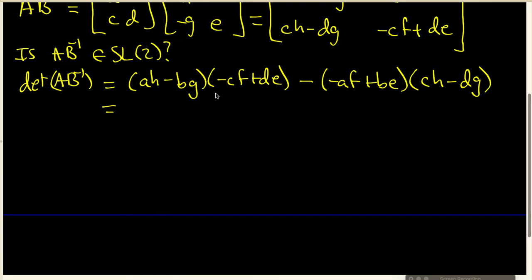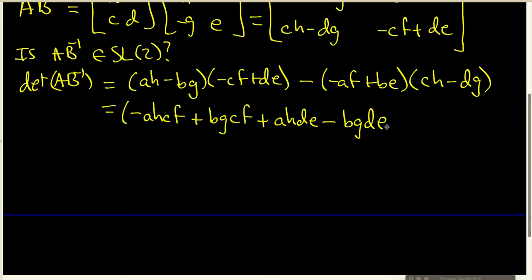We're going to have this guy times that guy, so we're going to have minus AH times CF, minus a minus BG times CF, and then a plus AH DE, and then a minus BG DE. And that's this product. Then we have a minus sign, and now I have that product. And I'm worrying about that minus sign afterwards.